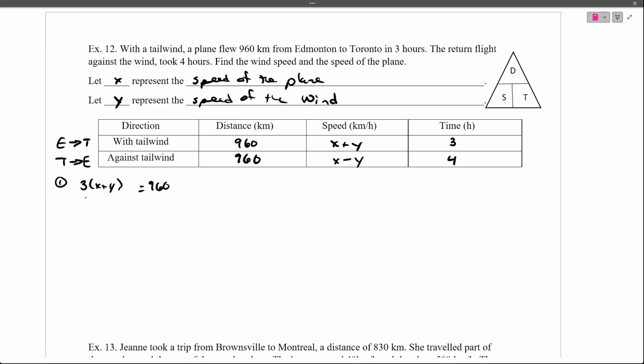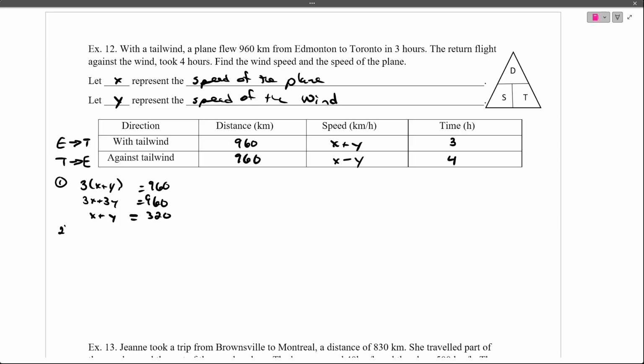We multiply that through, we get 3x plus 3y is equal to 960. And yes, this does reduce, so we can bring this down to x plus y is equal to 320. So there's equation 1.